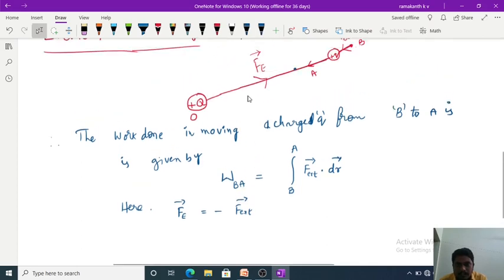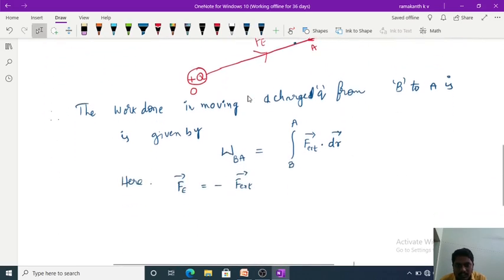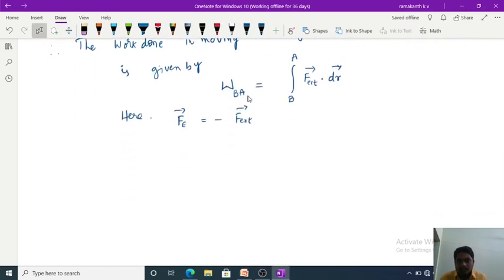Both Fe and F external are in opposite directions, so we can write Fe equals minus F external. So the work done in moving a small charge q from B to A is given by minus the integral from B to A of F external dot dr.